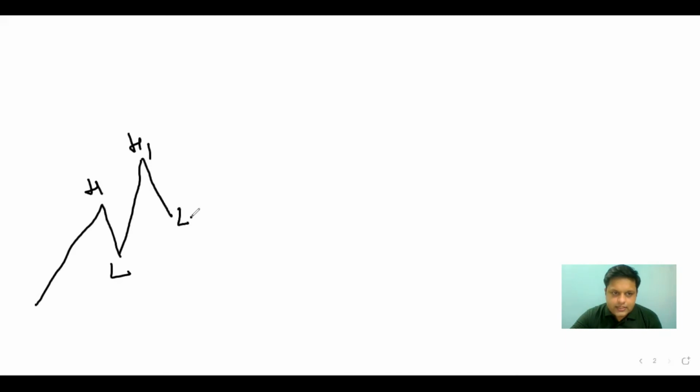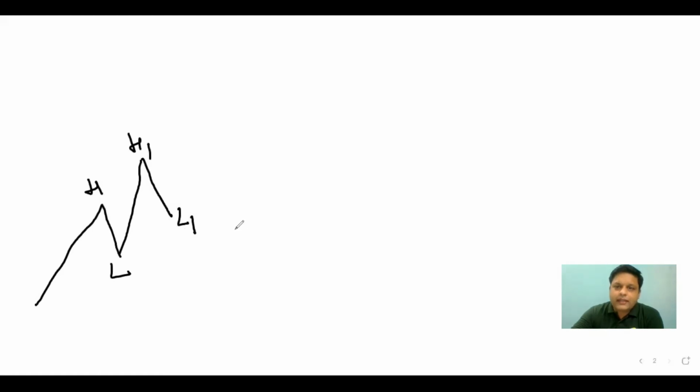So guys, remember a few things. Guys, this is high, this is low, this is high one, this is low one. What is this trend known as? Uptrend or a downtrend?